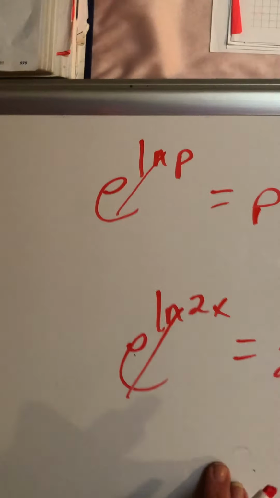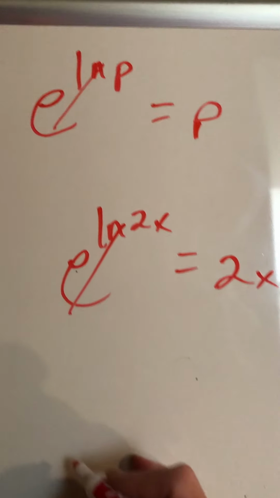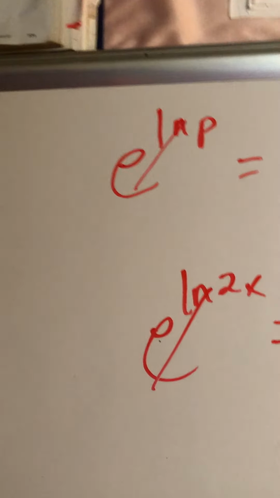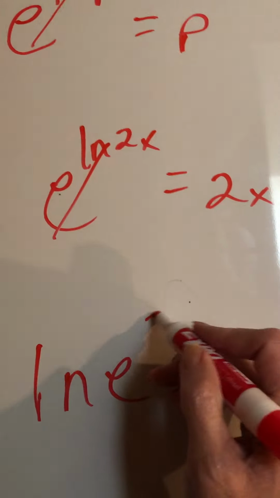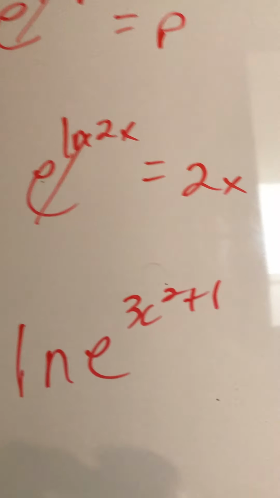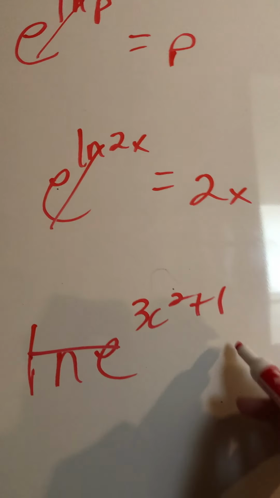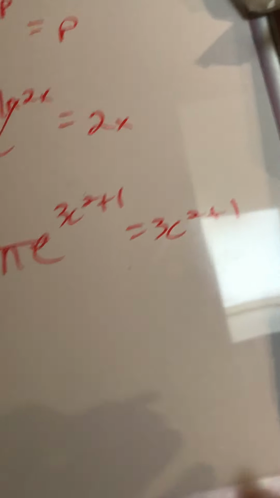So it can either look that way, or it can look like natural log of e to the 3c squared plus 1. So natural log of e, we've already talked about it before. That cancels. You're left with 3c squared plus 1 for that one.